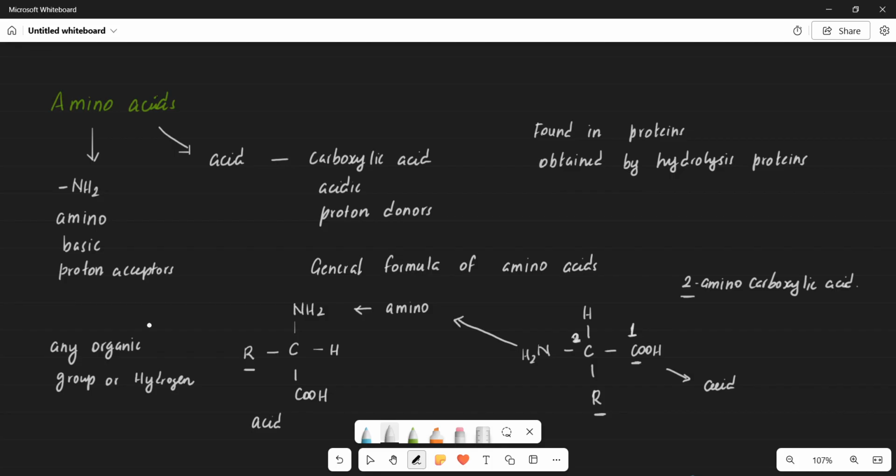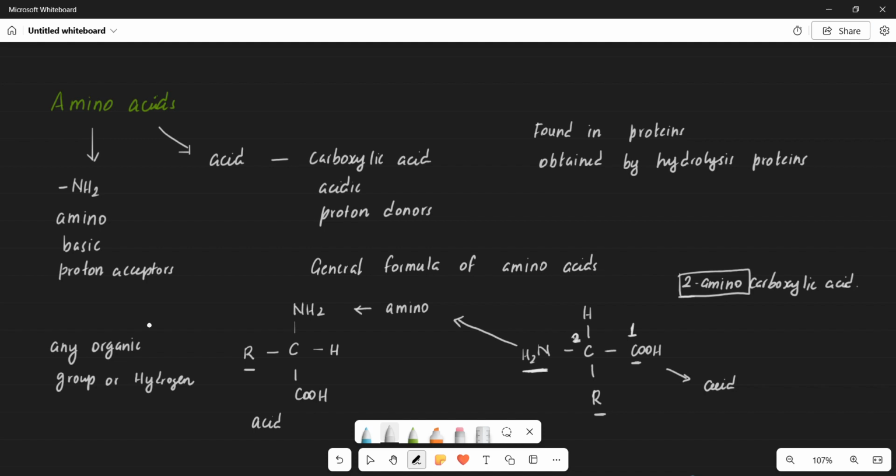The second carbon is attached to the amino group. So that is why it is 2-amino acid. So 2-amino carboxylic acid is any amino acid which has the carboxylic acid group, and the next carbon is connected to an amino group, NH2 group.